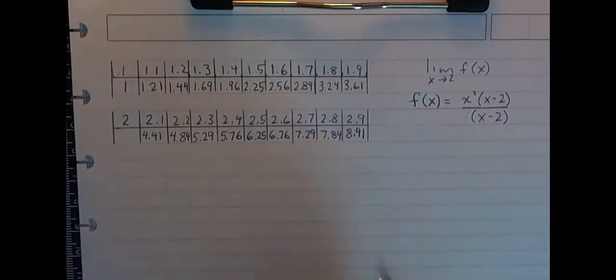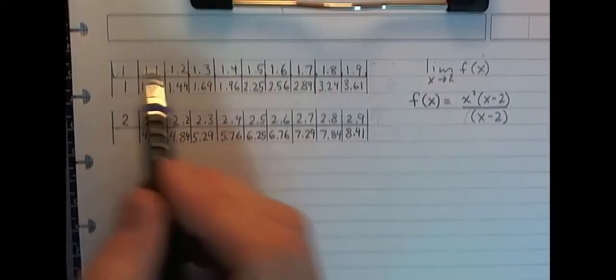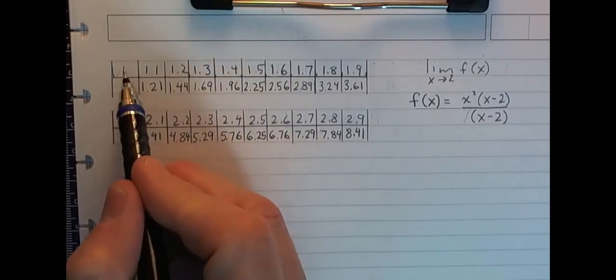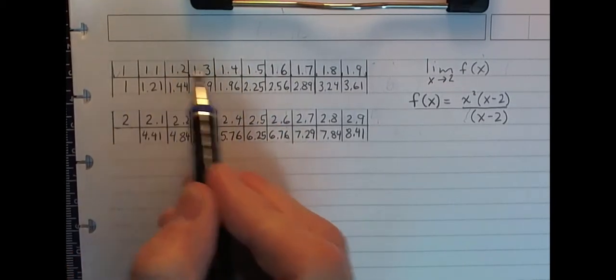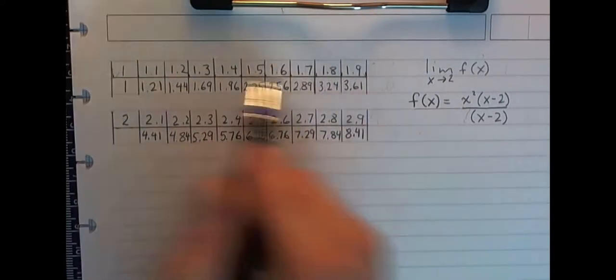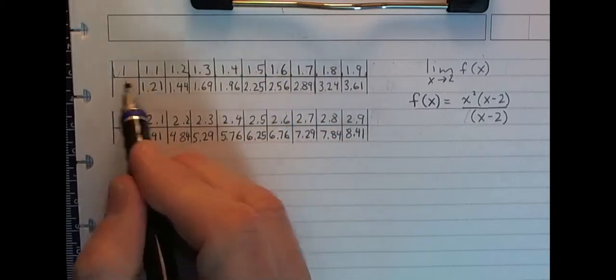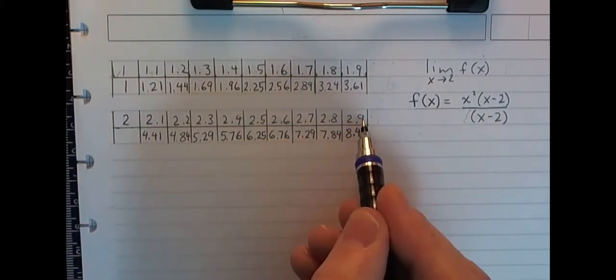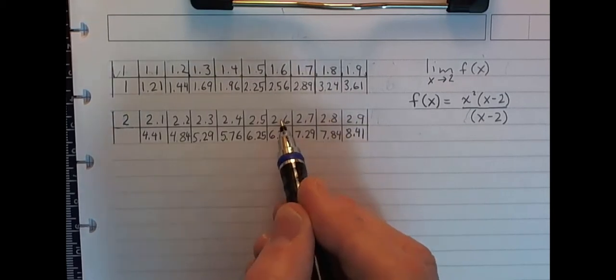So how that game is played, usually you're given some x values. See, I have some x values here. X is 1, 1.1, 1.2, 1.3, and so forth, and that's below x equals 2. See, it's building up to 2. And then I have some values above 2 winding down to 2.